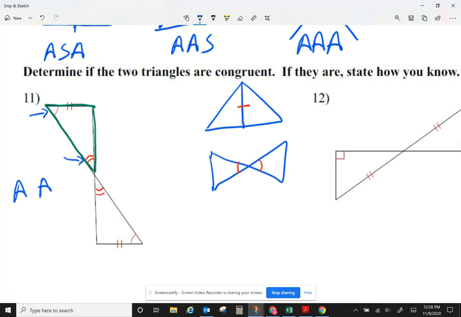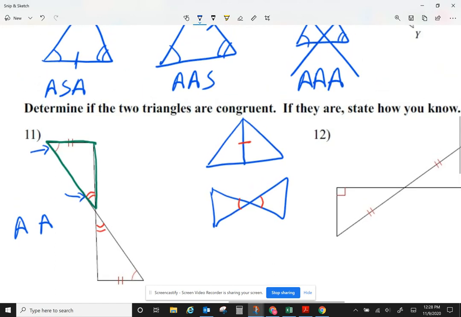If it is not, don't put it in between them. So if the side is in between the angles, you're looking at side angle. If the side is not in between the angles, you're looking at angle side. In this case, the side is not in between them, so angle side. I quickly take a look at the other triangle. It is marked the same way. Angle side is a rule that works, so that's all you have to type in.